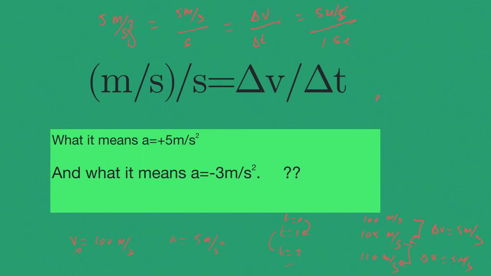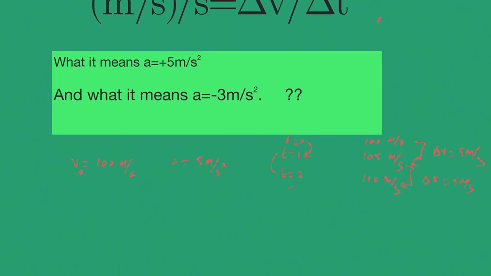What does it mean, minus 3 meters per second squared? It means that if you start with v0 equal 100 meters per second, and your acceleration is minus 3 meters per second squared, then at t equals 0 your velocity is 100 meters per second.